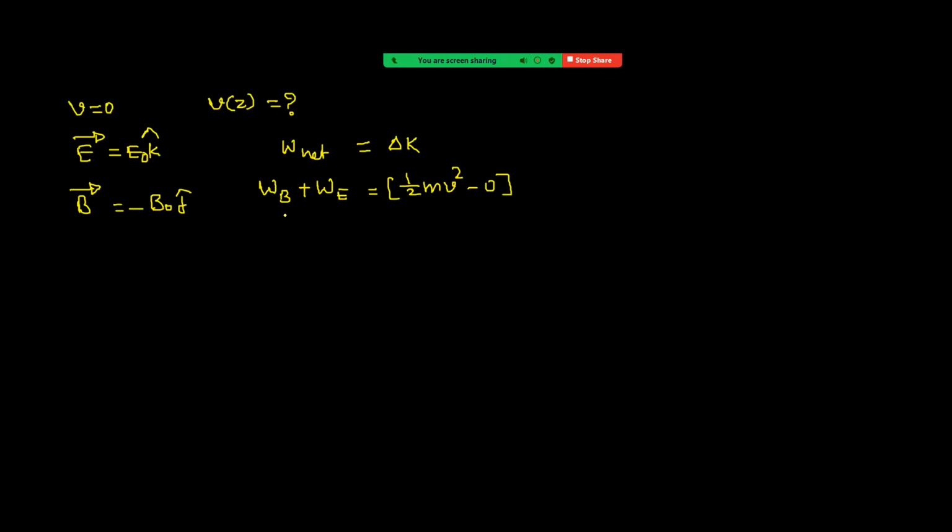And we have learned that because of magnetic force, no work is done. Therefore, this is 0. Remaining is only the electric force, right? And you can see the electric force is a constant.